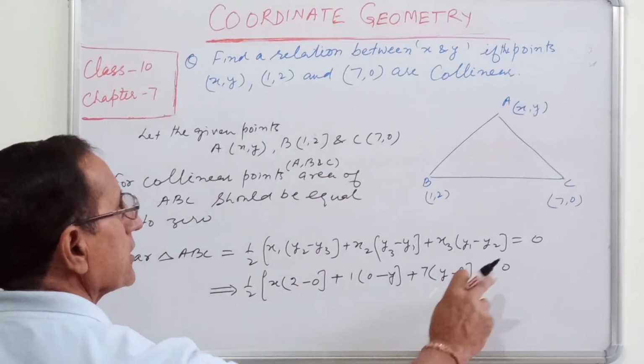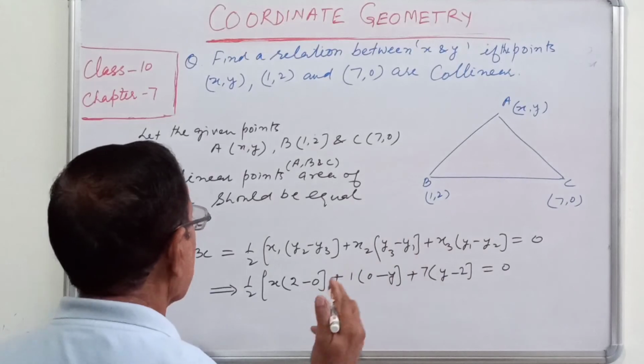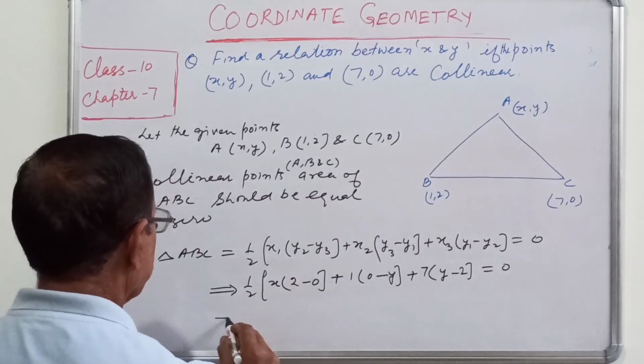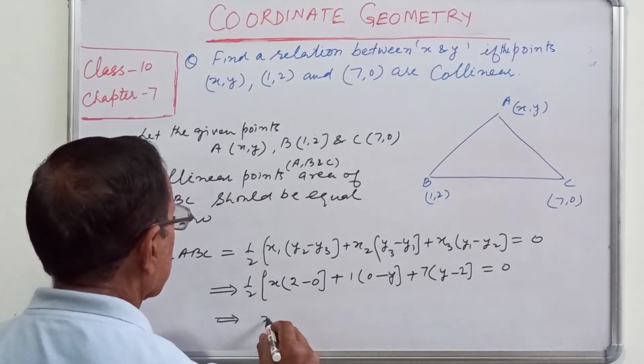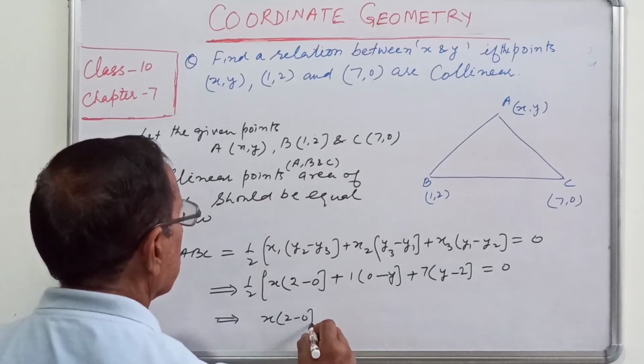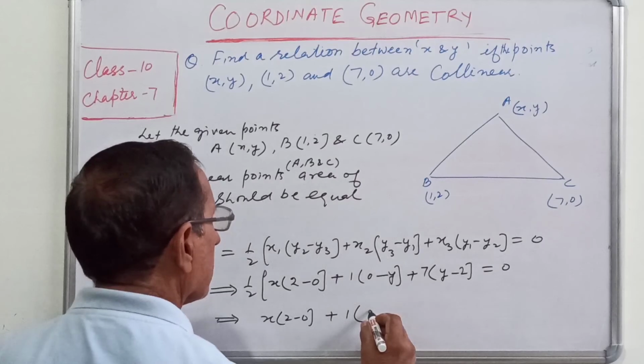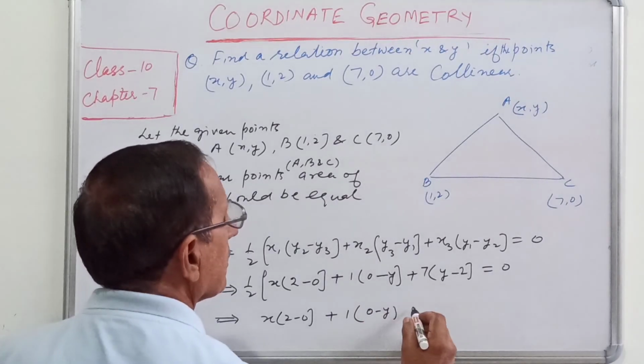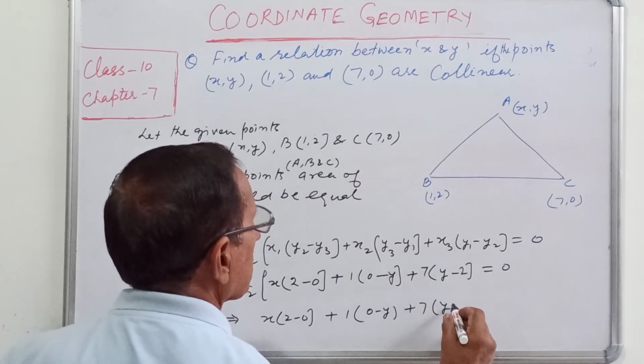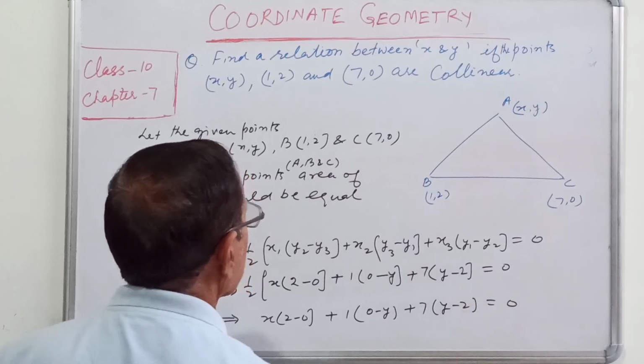So 1/2 से जब क्रॉस मल्टीप्लाई करेंगे वो 0 हो जाएगा. सो इसलिए तो हो गया x इंटू (2 माइनस 0), 1 इंटू (0 माइनस y), 7 इंटू (y माइनस 2), that is equal to 0.